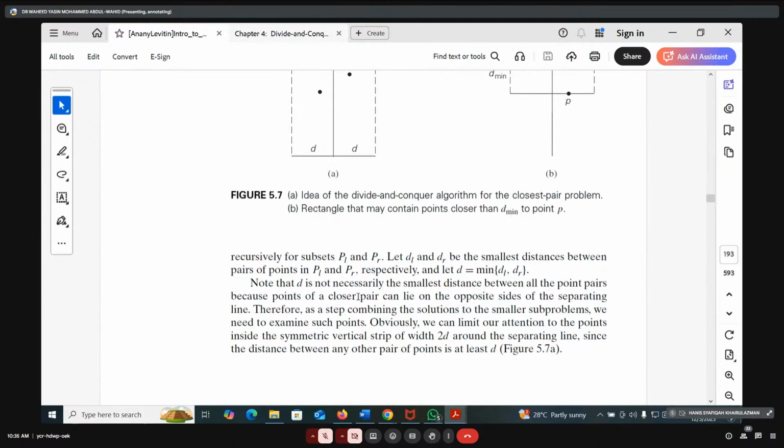Note that D is not necessarily the smallest distance between all pairs of points, because points of the closest pair can lie on the opposite sides of the separating line.